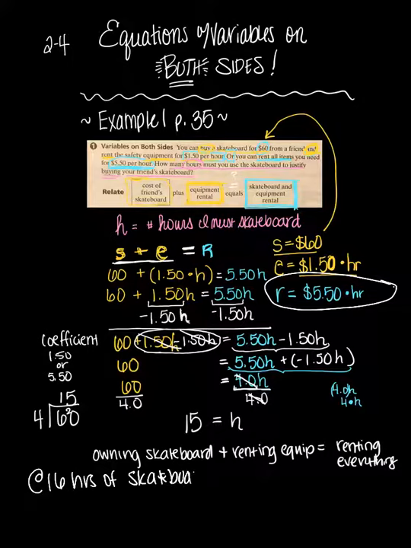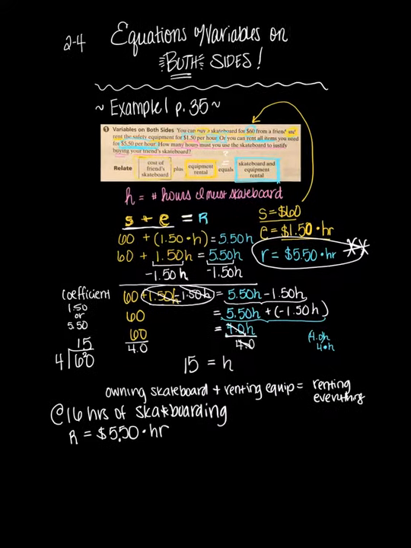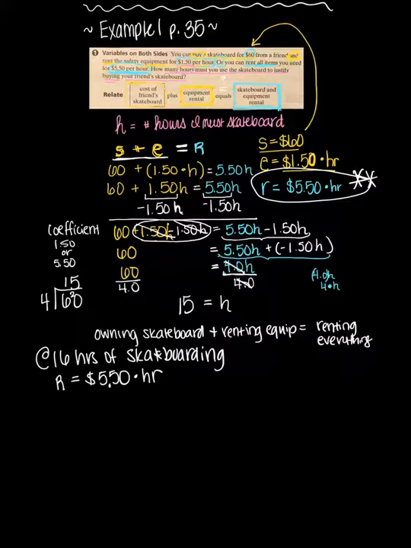So at 16 hours of skateboarding, that's a lot of skateboarding, y'all. At 16 hours of skateboarding, it's going to cost how much to rent everything? Well, the rental was $5.50 times the number of hours. I got that up here. All right, so if it costs $5.50 times the number of hours to rent, then let's plug in the number of hours.